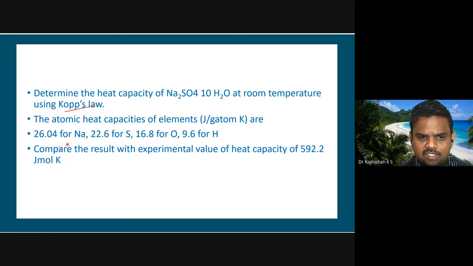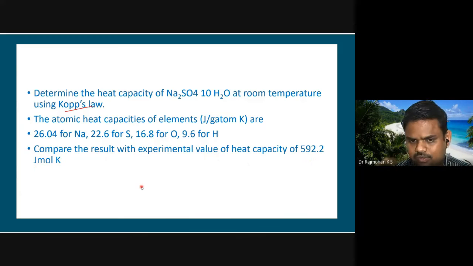The atomic heat capacities of the elements are given. For Na it is 26.04, for S it is 22.6, for O it is 16.8, for H it is 9.6. Also compare the result with the experimental value of heat capacity, 592.2 joules per mole Kelvin.